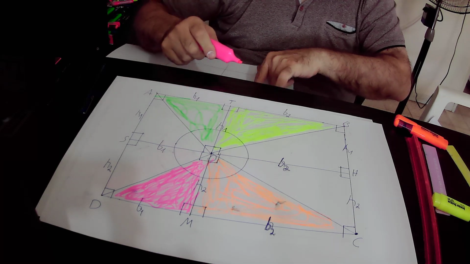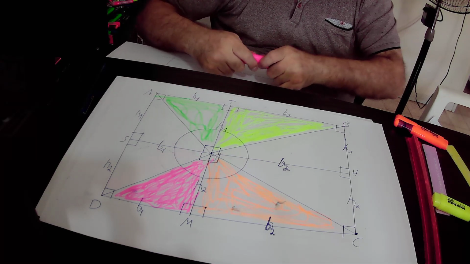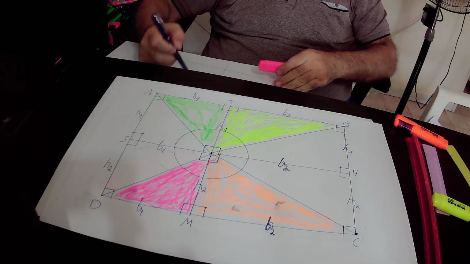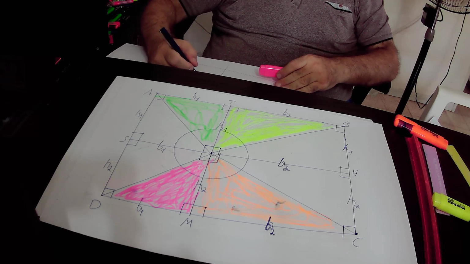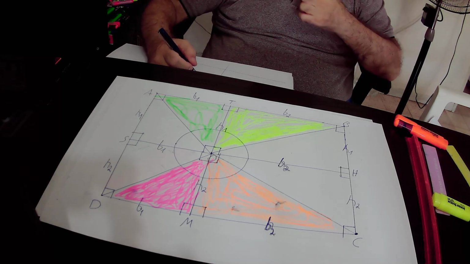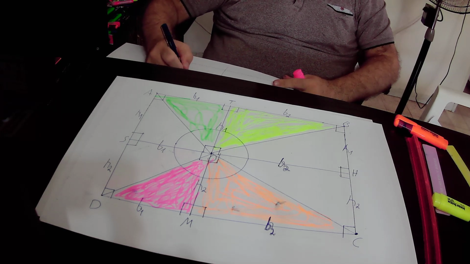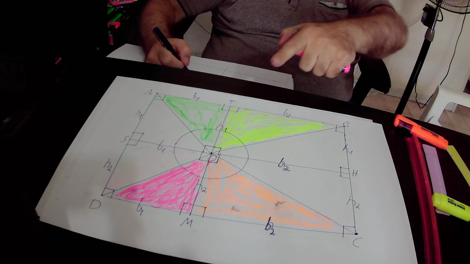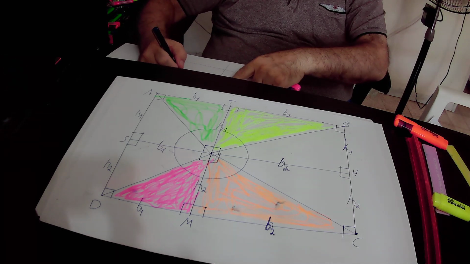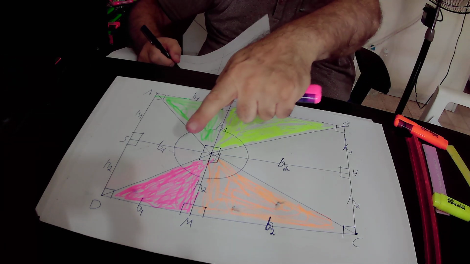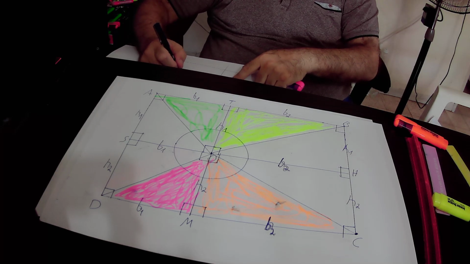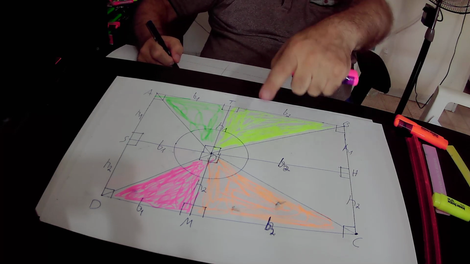The pink right triangle ODM, according to the Pythagoras theorem, DO square equals B1 square plus H2 square.